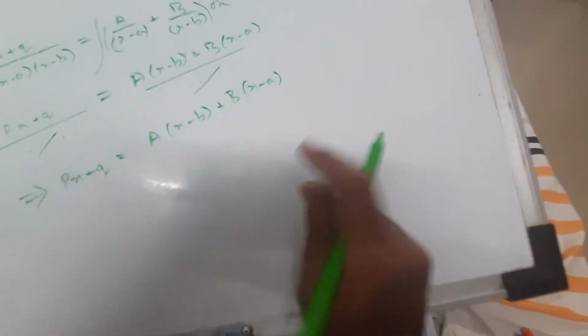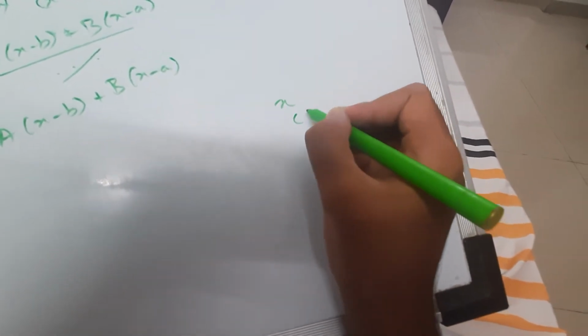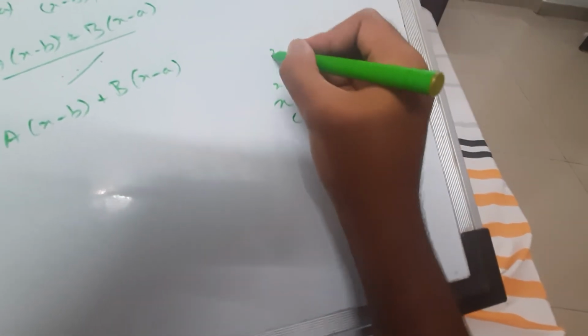First, you can compare the x terms or the constant terms, or x squared, x cubed, if they exist.